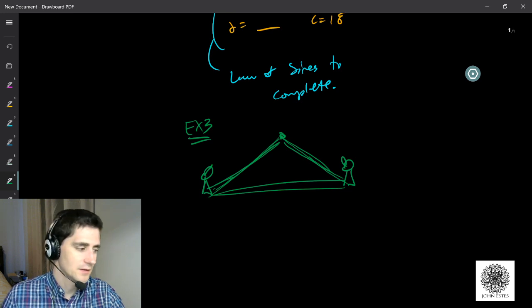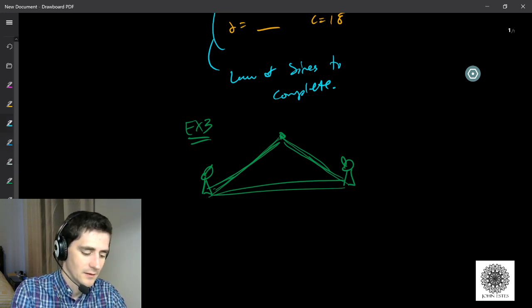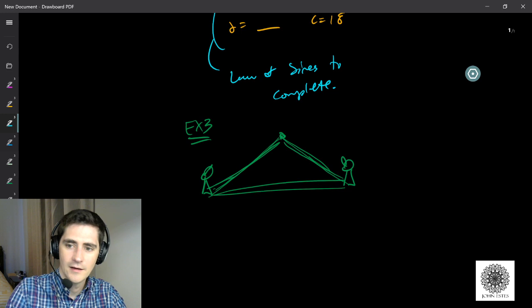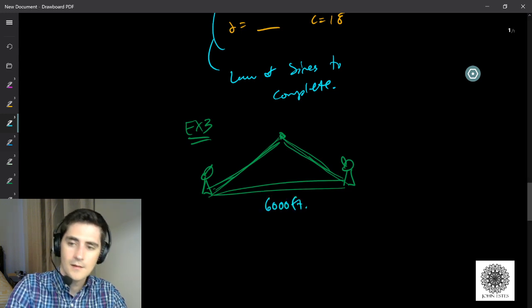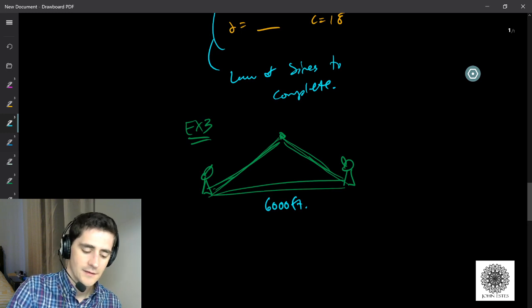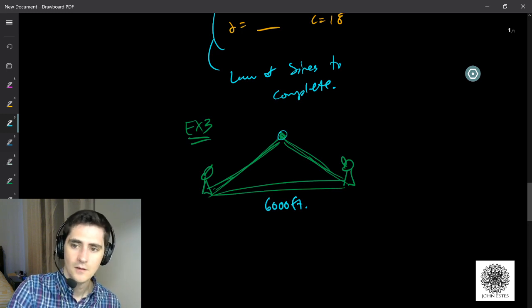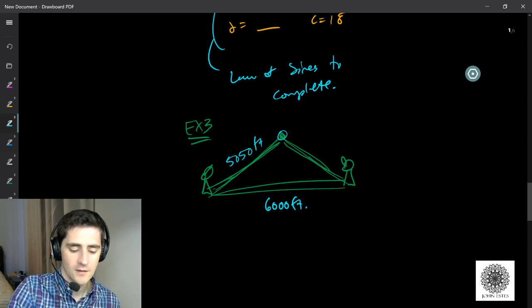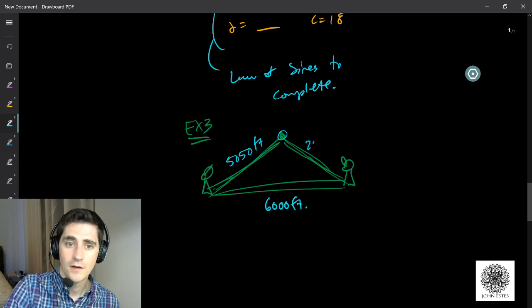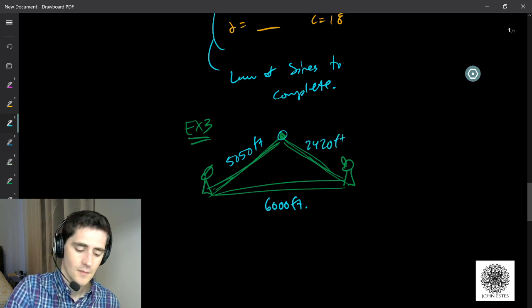Alright, so in our particular situation, here's what we want. We want to say that the towers are 6,000 feet apart. And this tower to the vehicle is 5,050 feet. And this tower to the vehicle is 2,420 feet.